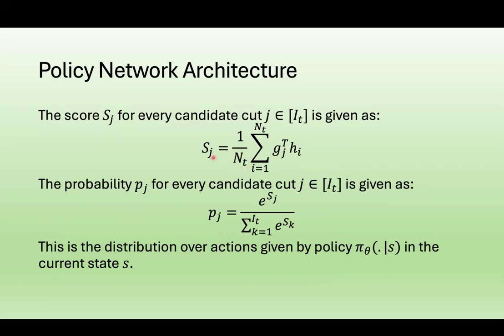And this is how we get the score for each candidate cut. After getting this score, we take a softmax over the scores to get the probability for each candidate cut. So once we get the probability for each candidate cut, this is basically just the distribution over actions given by the policy pi theta in the state S.